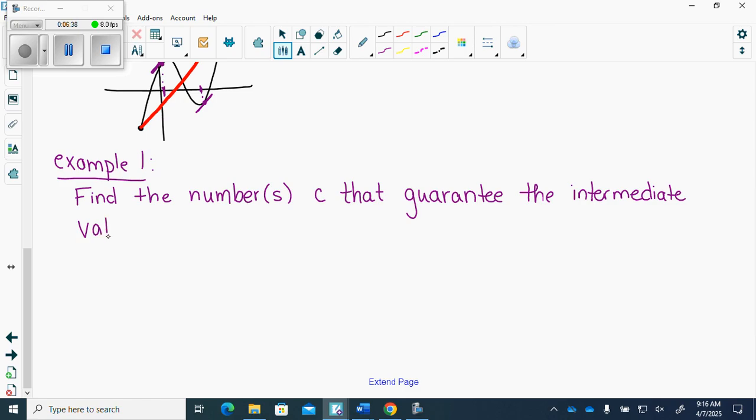I didn't mean to write intermediate. My brain went back to last unit. Mean value theorem. Sorry.